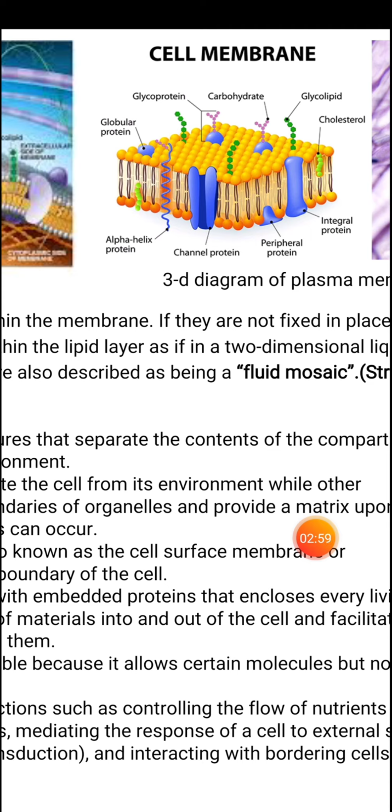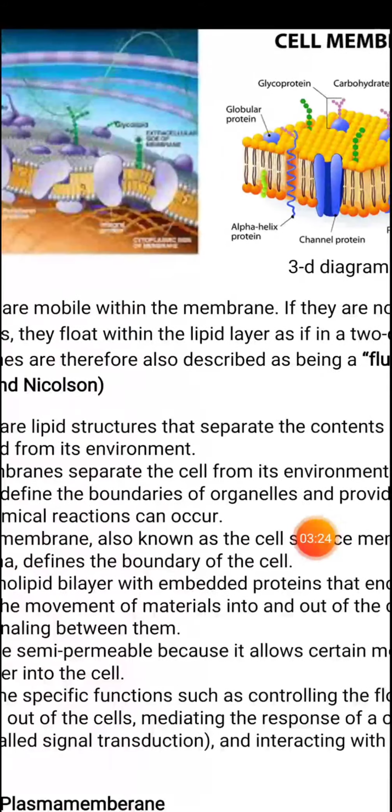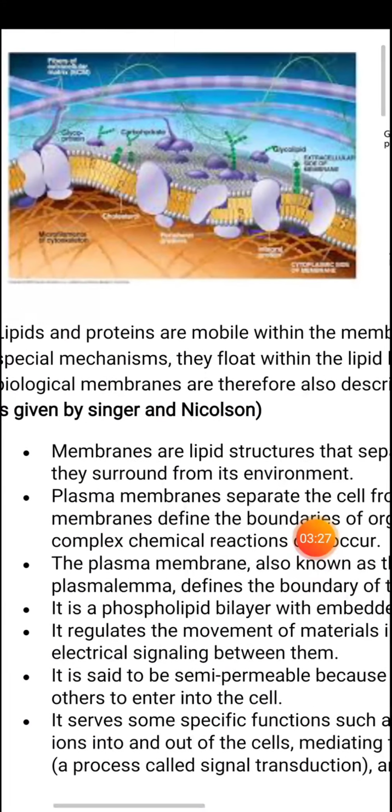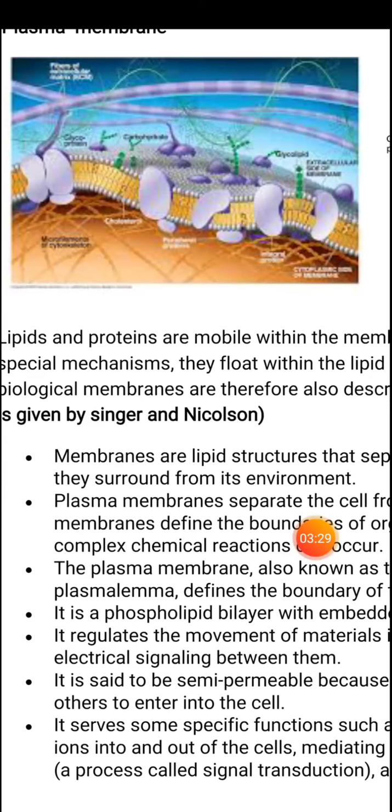And the plasma membrane has lots and lots of functions, since it is the outermost boundary of a cell. So the plasma membrane has to control everything: what is coming in, what is going out, pH, temperature, flow of nutrients, interaction between cells. Each and everything has to be controlled by the plasma membrane. So the plasma membrane is also known as a semi-permeable membrane.